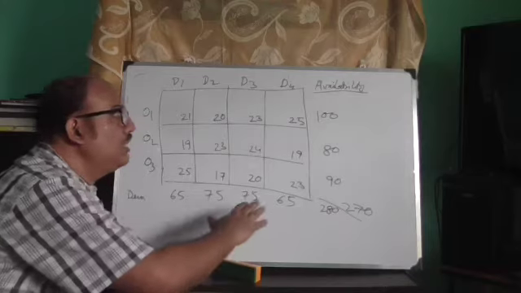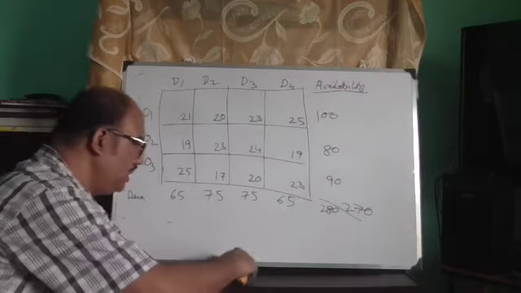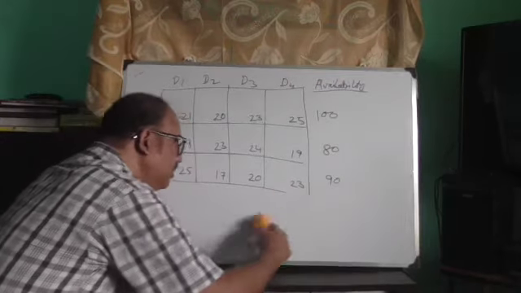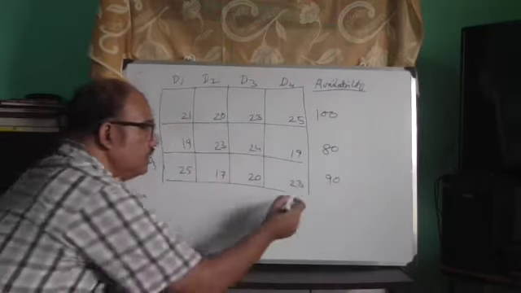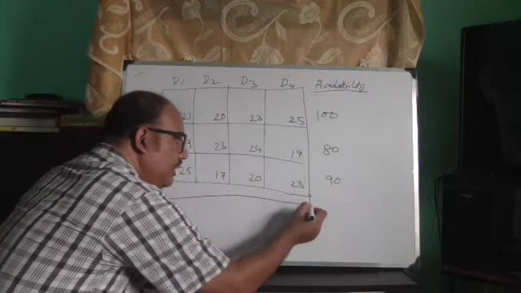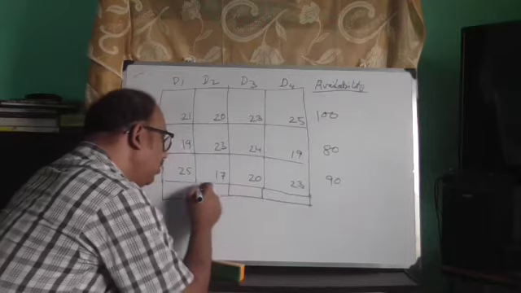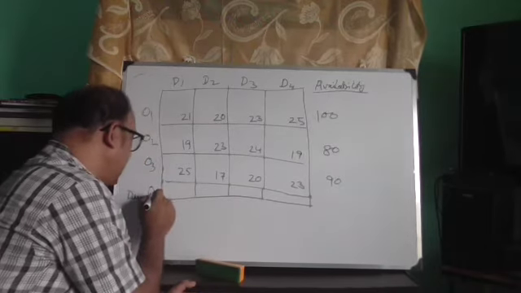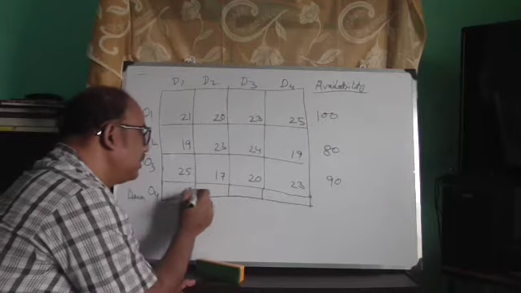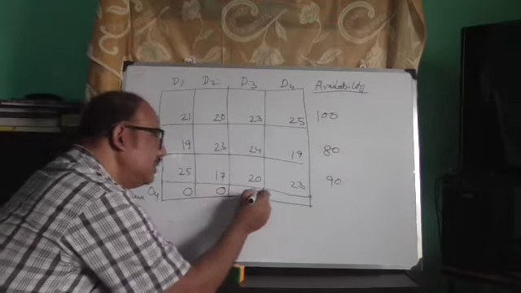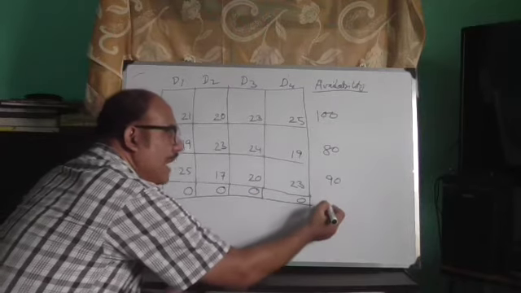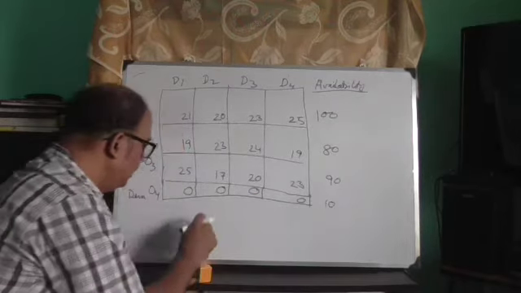So if the total demand is more, we will introduce another fictitious origin, say O4, where the per unit transportation cost will be 0 and the remaining balance, in this case, will be 10.